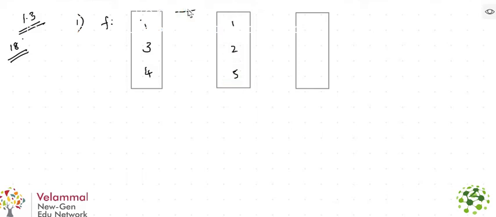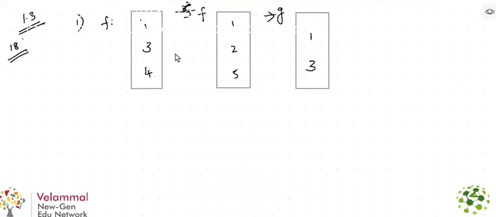So f is defined from this. Now, g is defined from {1, 2, 5} to {1, 3}. So, this is g.